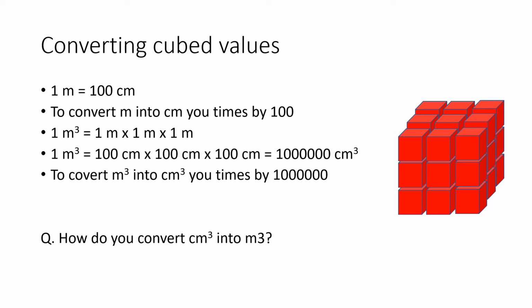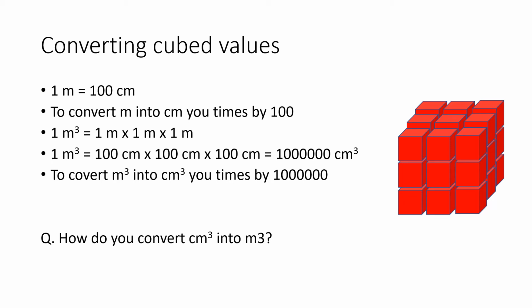The width, the height times the depth. Well, if we convert those 1 meters into centimeters, what we'll say is 1 meter cubed is exactly the same as 100 centimeters times 100 centimeters times 100 centimeters. Which if you do, it means that you're actually converting by a factor of 1 million. There are 6 zeros on there.